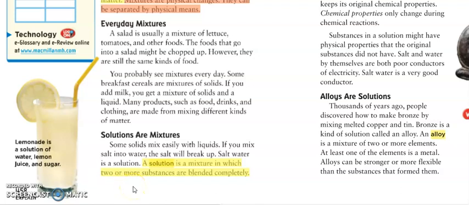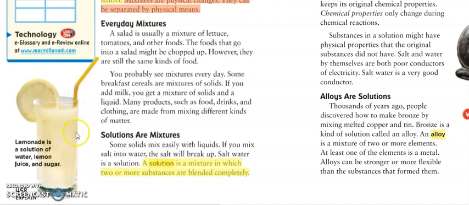Because a mixture is a physical combination of two or more substances, the salt is still present in the taste of the salt water solution.